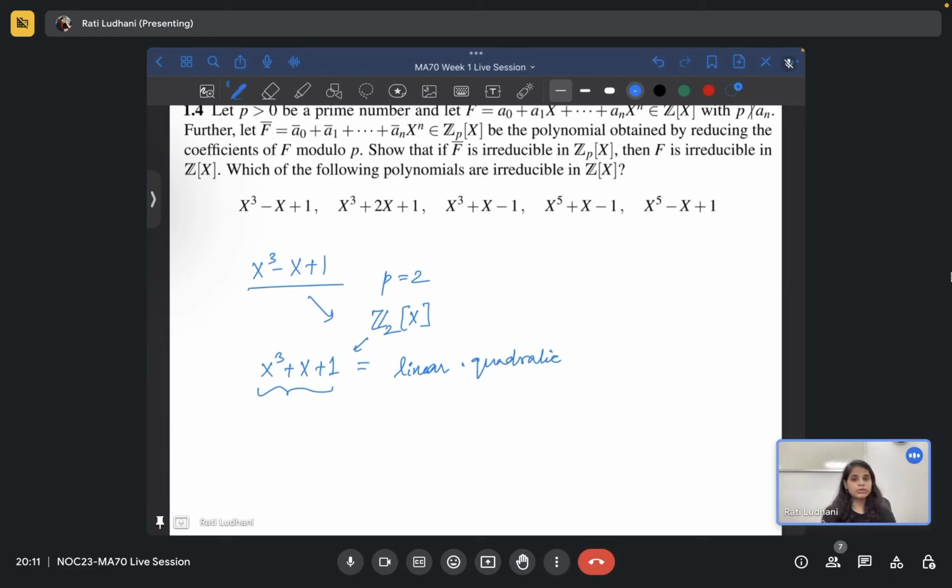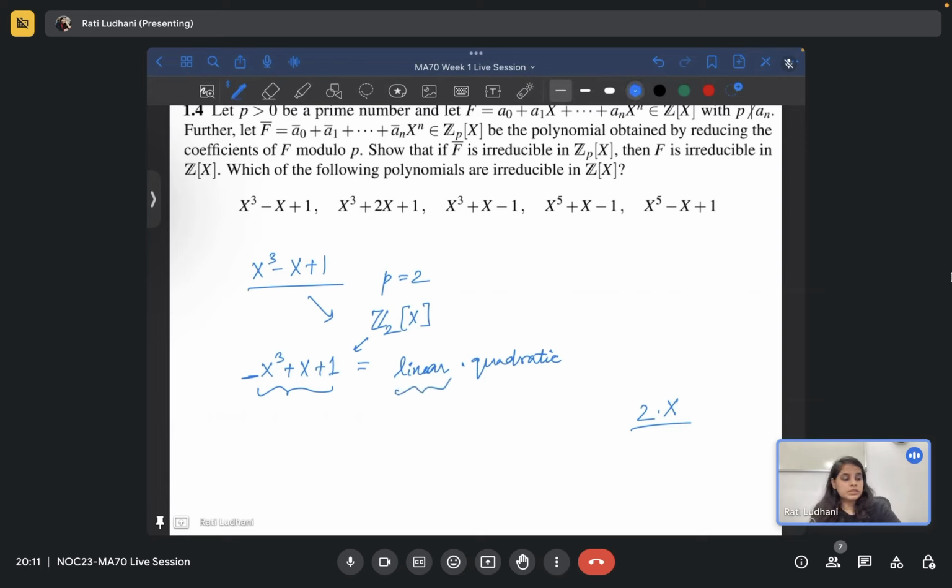One more important thing: because this is monic, there is no coefficient, so you cannot have something like 2 times a polynomial. The constant factor is gone, so you have only the choice of linear times quadratic.